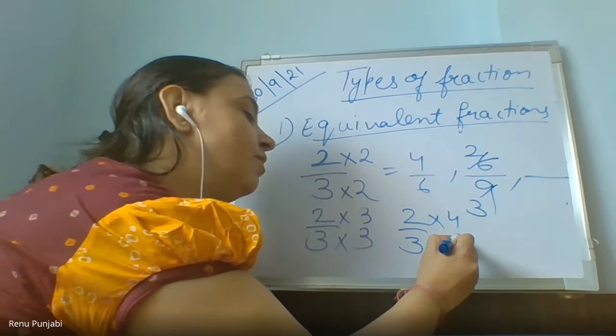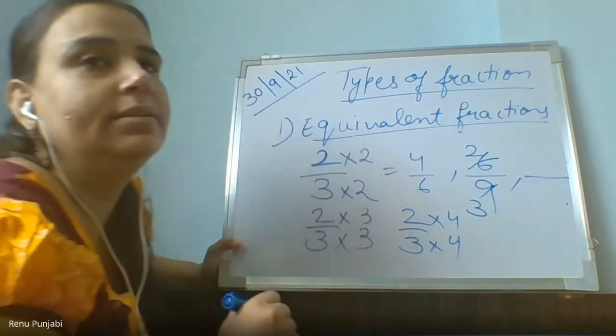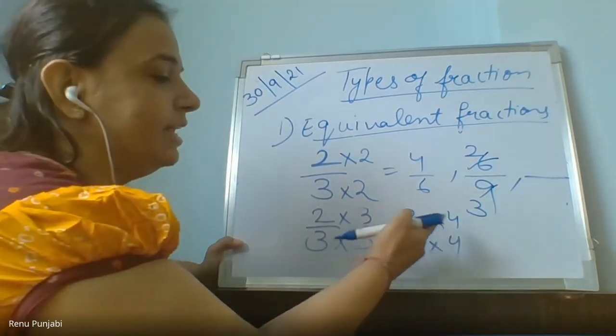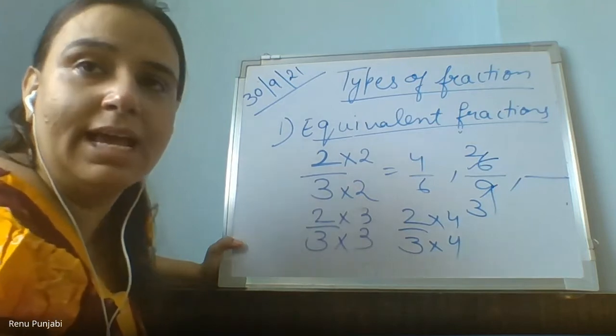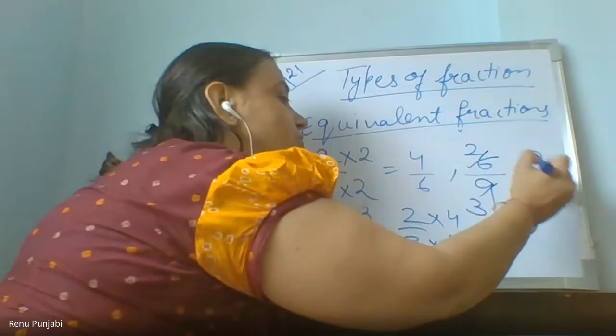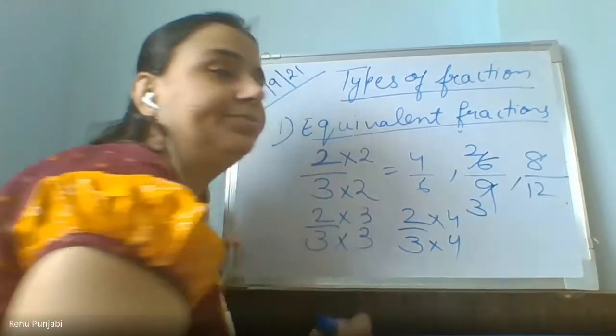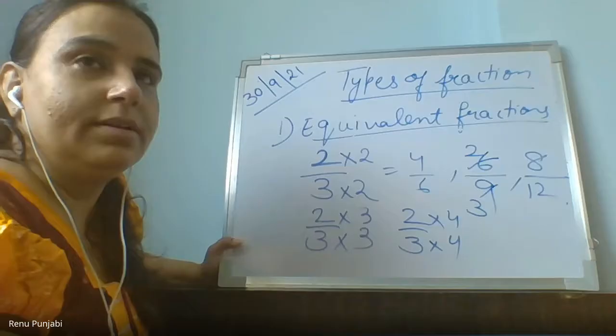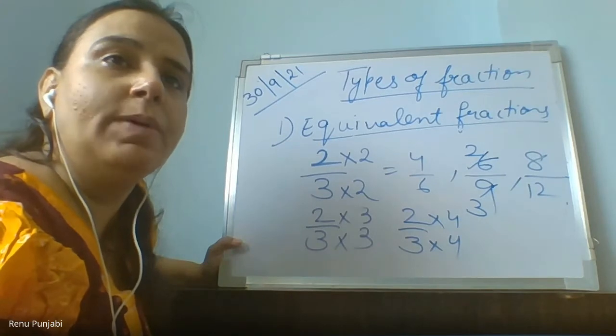Ma'am, we will multiply with 4. Yes, you will multiply with 4 only, same numerator and denominator, the same number. So it will be 4 2s are 8 and 4 3s are 12. Clear everyone how to find more equivalent fractions?